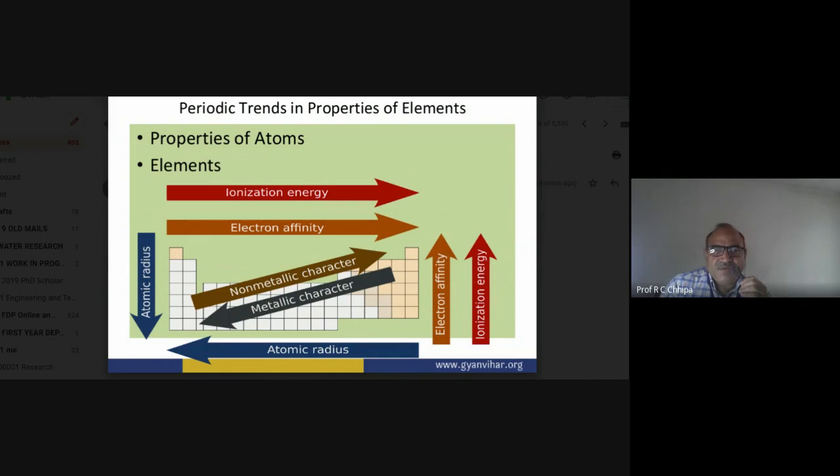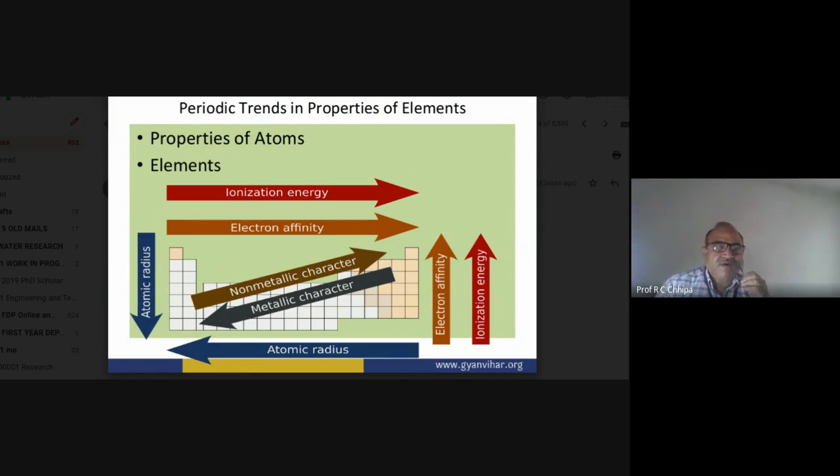Here the four most important things we can discuss are ionization energy, electron affinity, and electronegativity. Electronegativity, electron affinity, and ionization energy, or ionization potential.